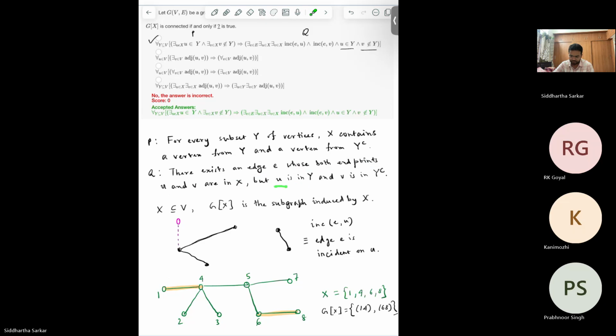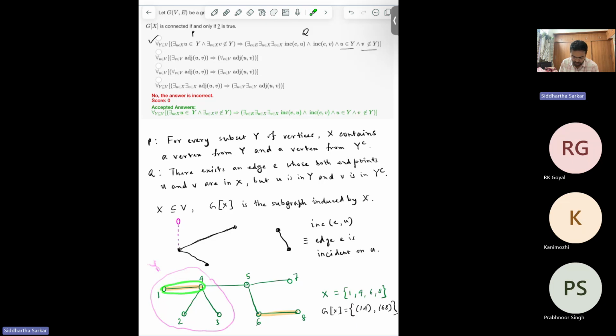So this is my Y. Now they are saying that you should be able to find an edge in the graph whose both endpoints are in X. That means you should be able to find an edge in the induced subgraph such that one of the endpoints is in Y and the other endpoint is not in Y. But in this case, both the edges are inside or outside.